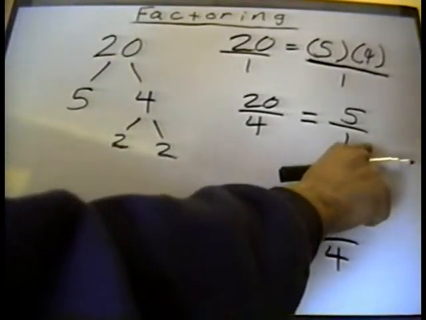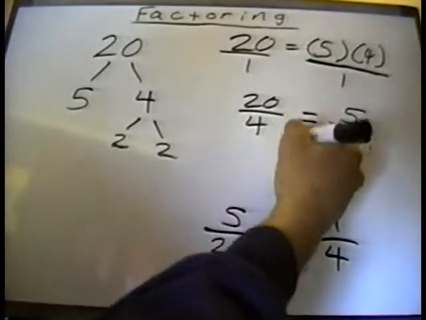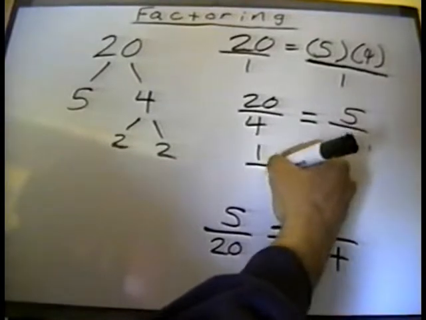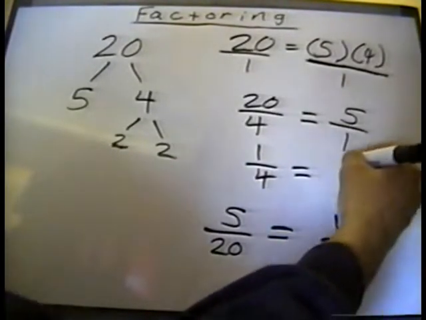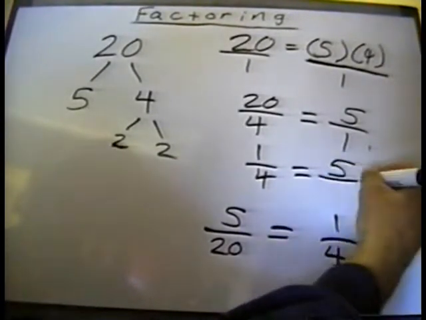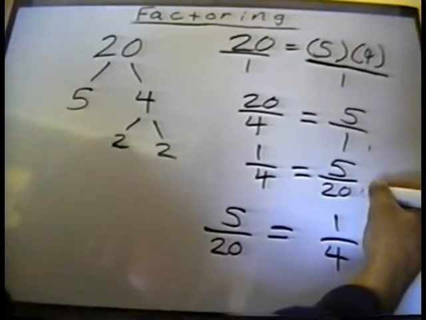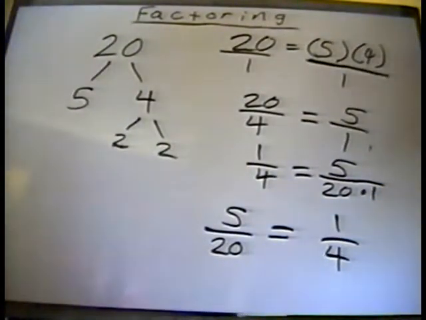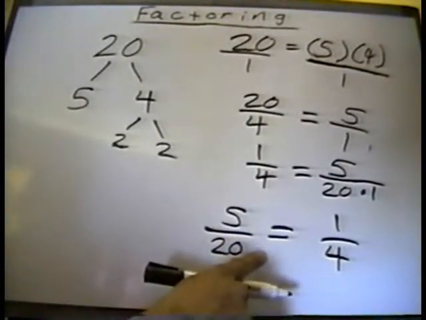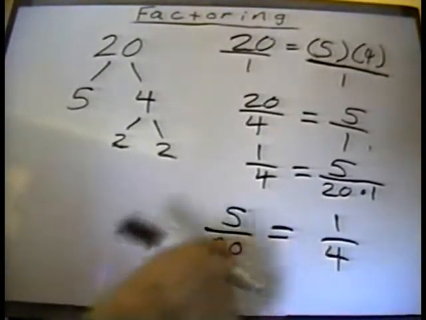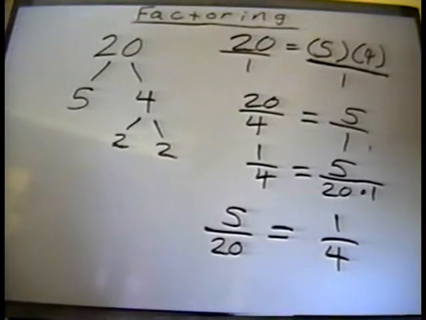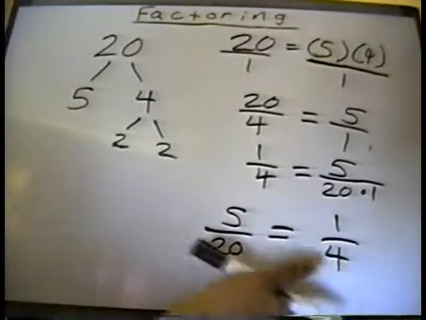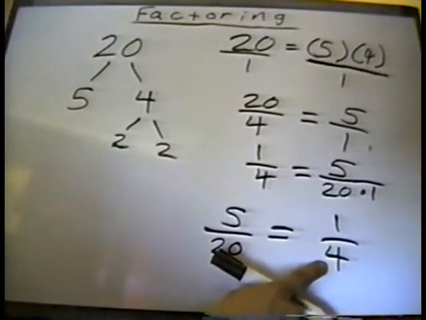Now I can take this 20 and move it under the 5, and it'll be 20 times 1. And that's going to leave you with 1/4 equals 5 over 20 times 1, which is equal to 20. You see that here. Then that becomes 5 over 20 equals 1/4.